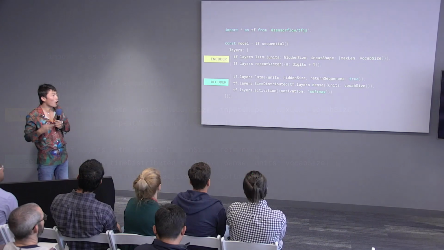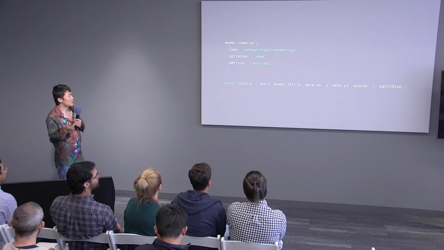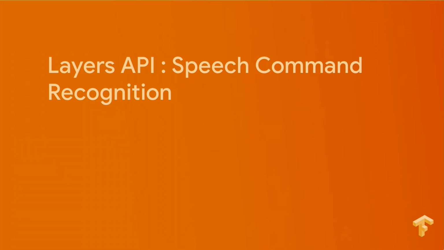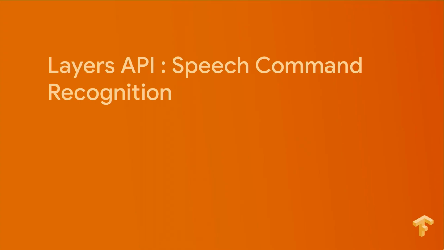You just reuse all of your knowledge and use compile, define the loss, optimizer, metrics, and you just call model fit. And this await, the latest Python version also uses async await. It's just a latest JavaScript feature. So exactly the same as Python. It's amazing, super easy to use.